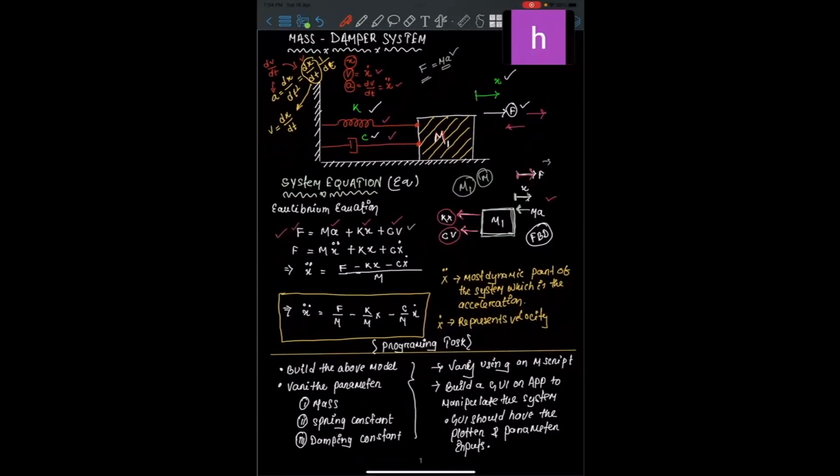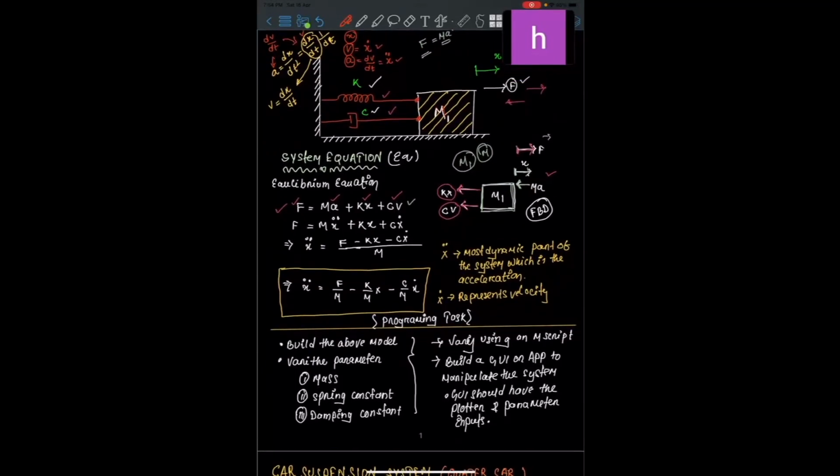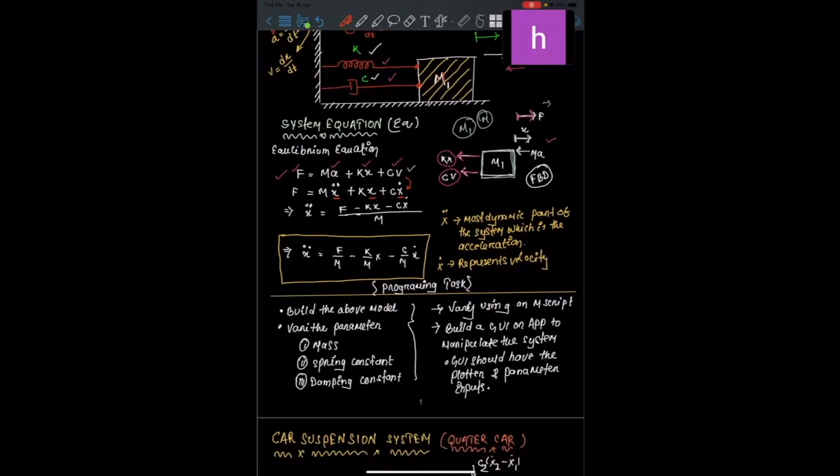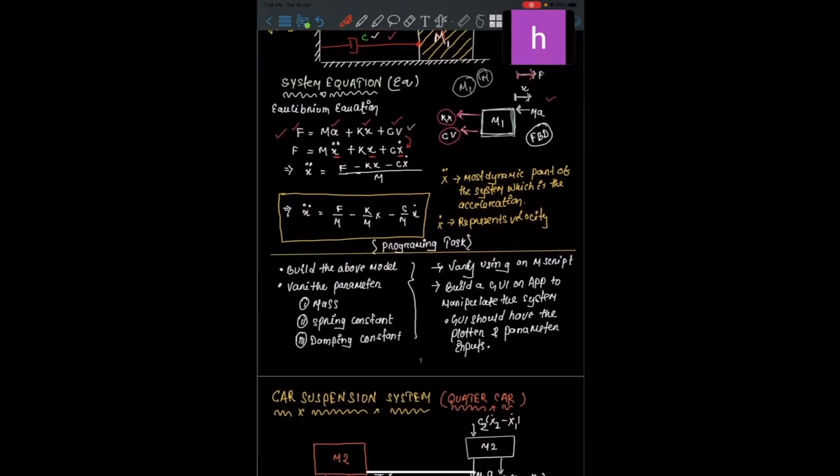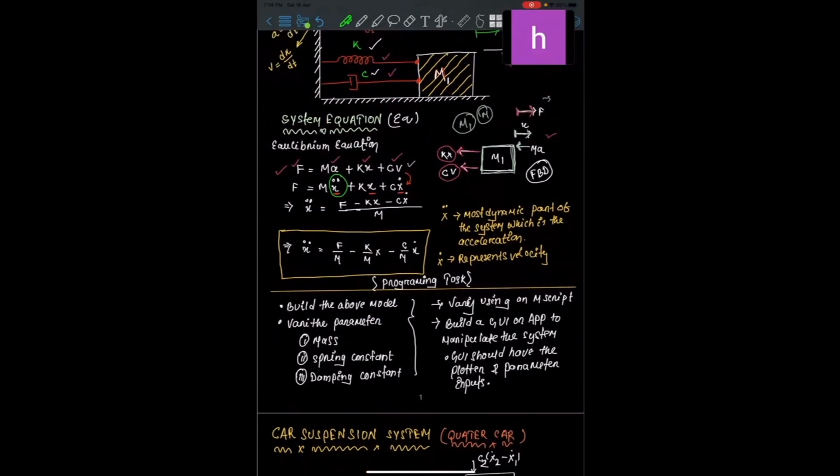So the same thing I have written here. I have replaced a with x double dot and kx, and v with x dot. Now, as you can see here, this is the variable that is changing most with time, because it has two derivatives with time.